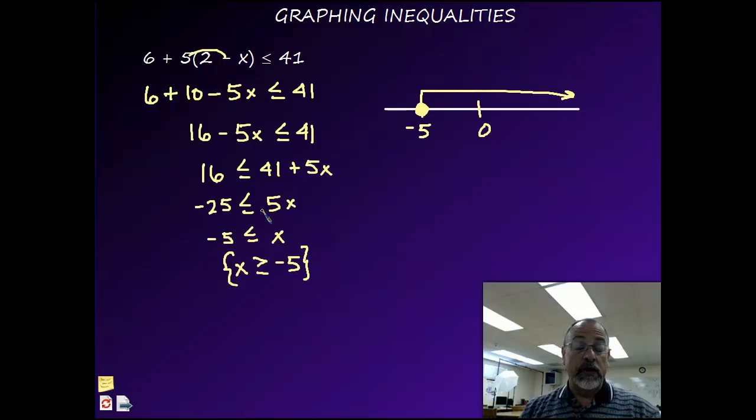Now, there are a couple of scenarios that I want you to figure out in your book. I want you to read in your book, and we're going to discuss them in class. You're going to discuss them in your groups, and here's what I want you to do. Find out in your book what happens when you are solving your equation or your inequality and the variable goes away.